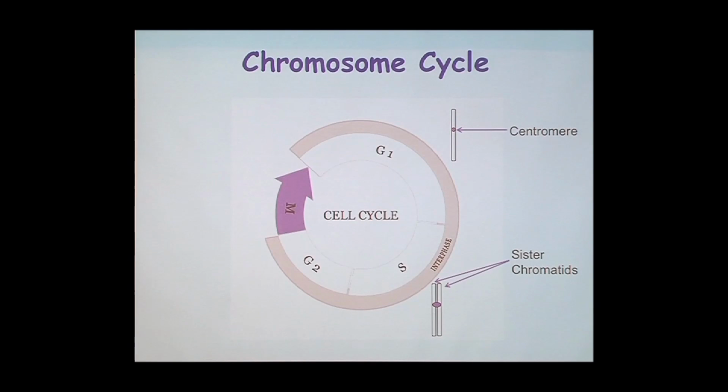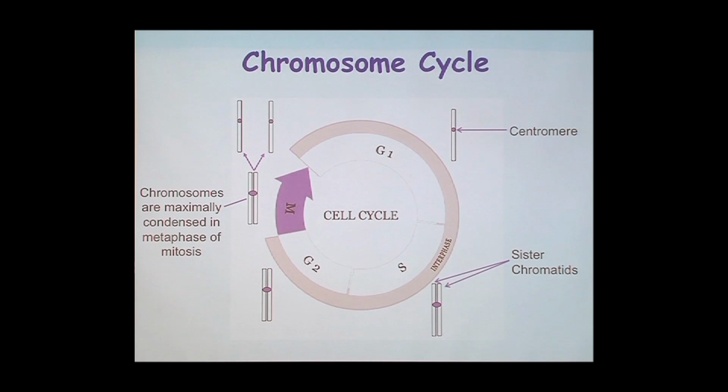So before the cell divides, it has to replicate all of its DNA. So once it has an exact replica of all of its DNA, each chromosome then looks like it has two strands. These are called the two sister chromatids, and they're held together here at this region called the centromere. Then in mitosis is when the DNA divides, so the chromosomes all line up, and these two sister chromatids separate.